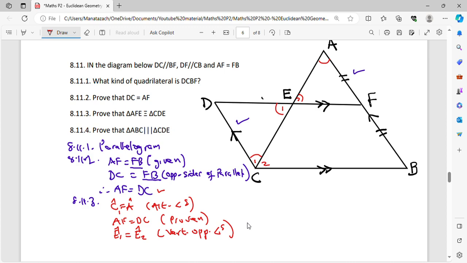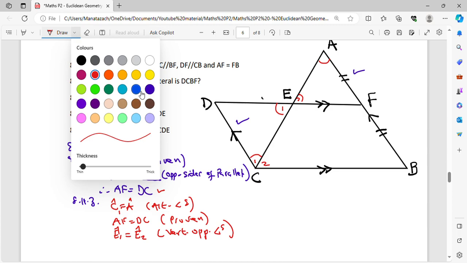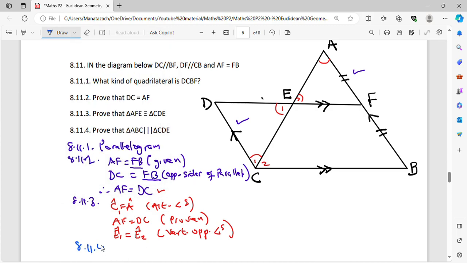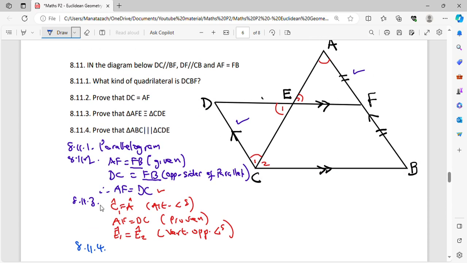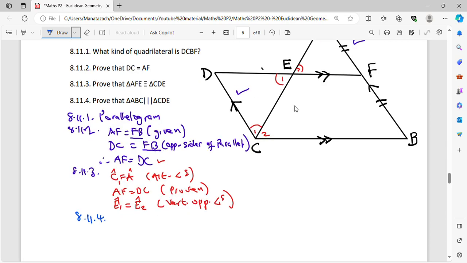Okay, let's go to question 8.11.4. Prove that triangle ABC is congruent to triangle CDE. Not congruent, they're actually similar.